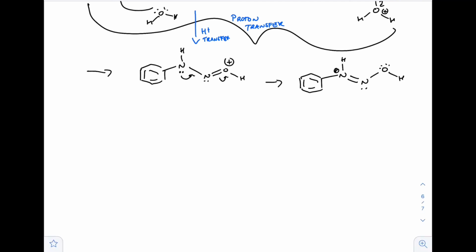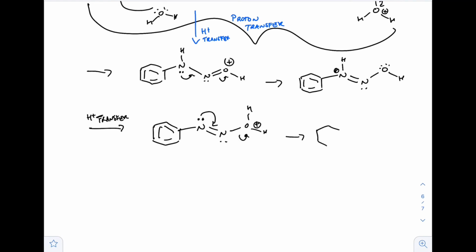Sorry, I'm going to move this over. I've been doing kind of like a book where you read in from a book, so I might as well continue with the arrows like that. Proton transfer yields this particular compound with the water just ready to leave, right? Let's force it out of there, create that nitrogen-nitrogen triple bond in the process, giving us our diazo compound and a water byproduct.